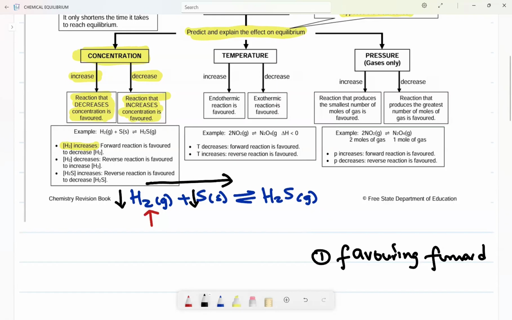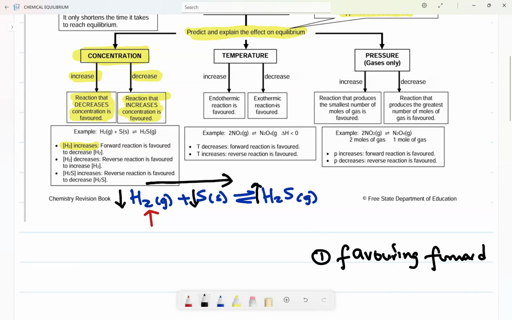When we favor a reaction, like maybe the forward reaction, it does not only affect this one, it affects all the sides. Now the concentration of H2 will decrease, the concentration of sulfur will decrease. But what will happen to the concentration of this one? It will increase, like that.